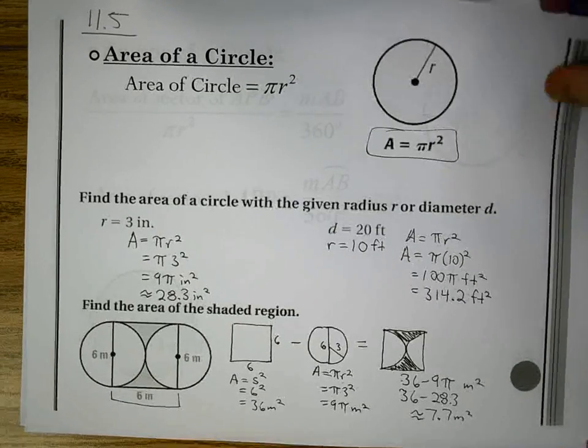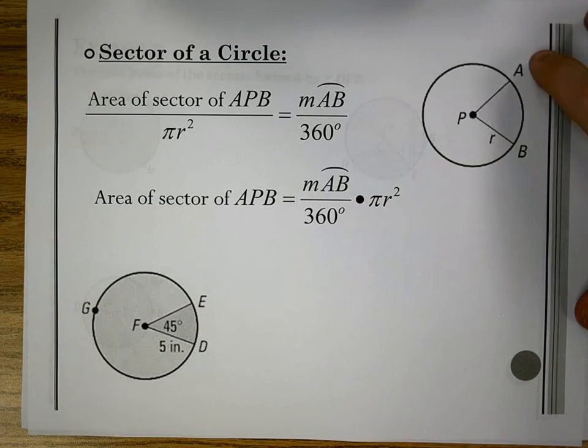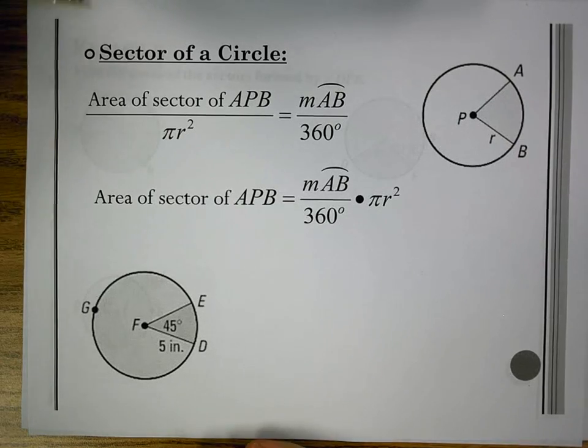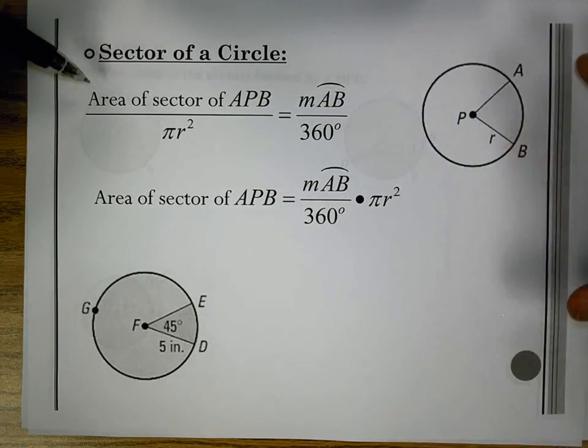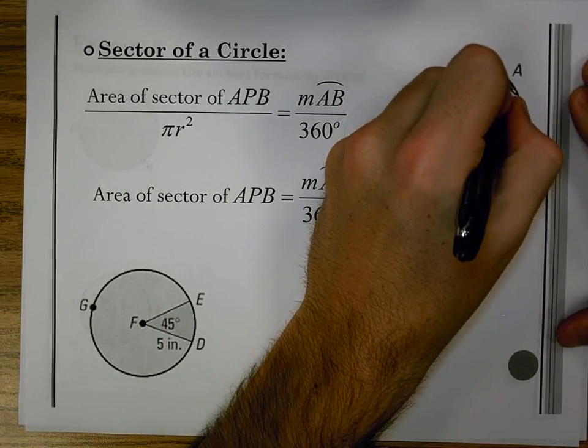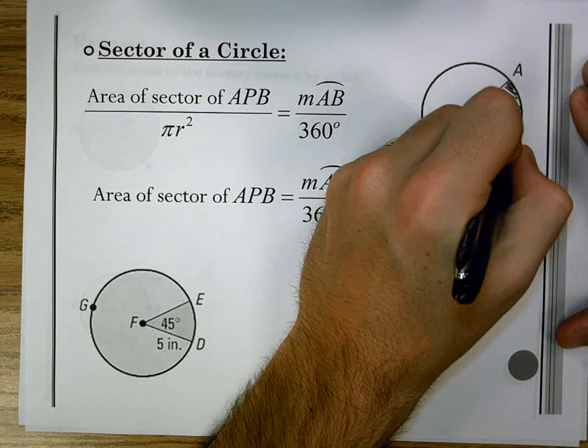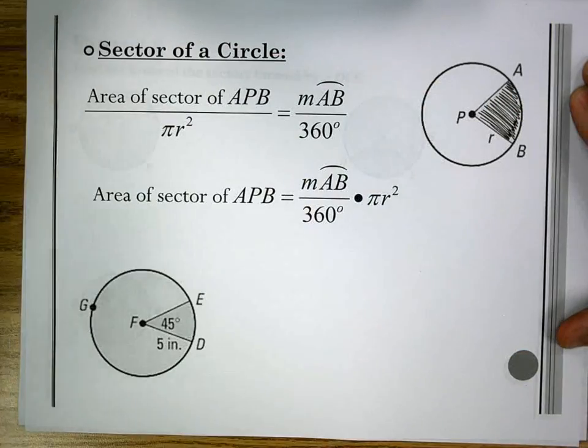Now, as we move on a little bit, we now have the portion of the circle, like we had for arc length, that's going to apply to area. We start off with the same type of proportion as earlier. I have the area of sector APB. That is this portion of the circle. It's like the slice of pizza that comes from the circle.